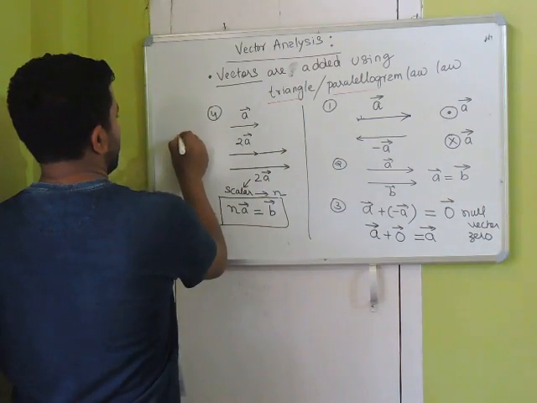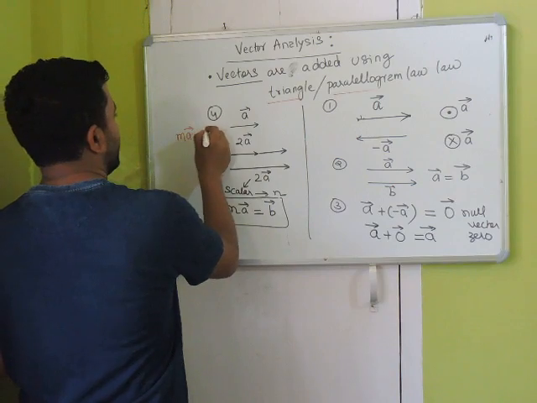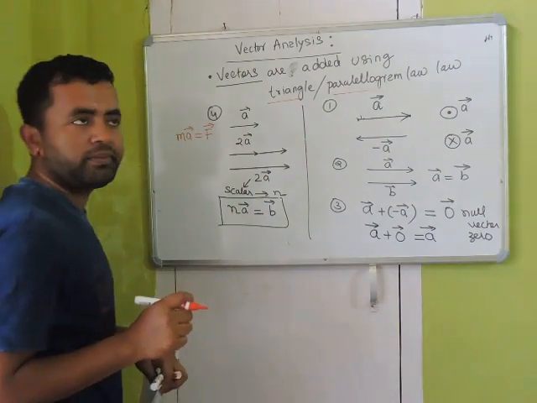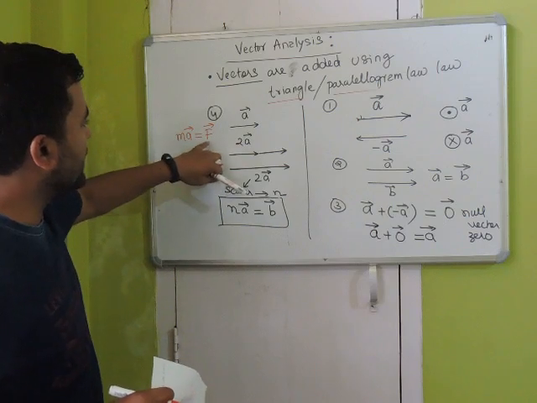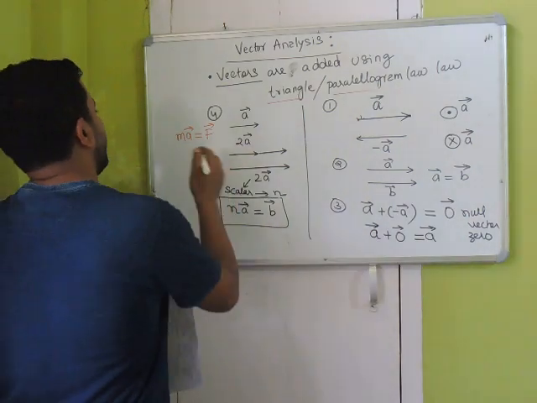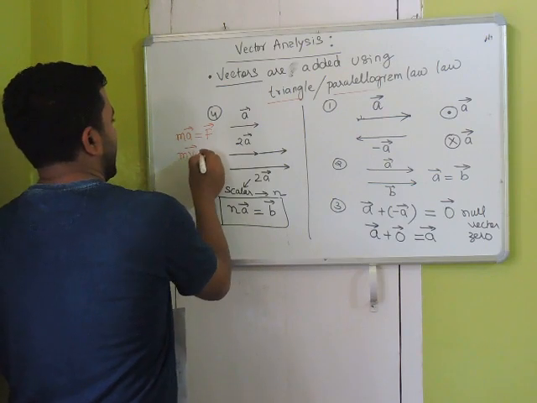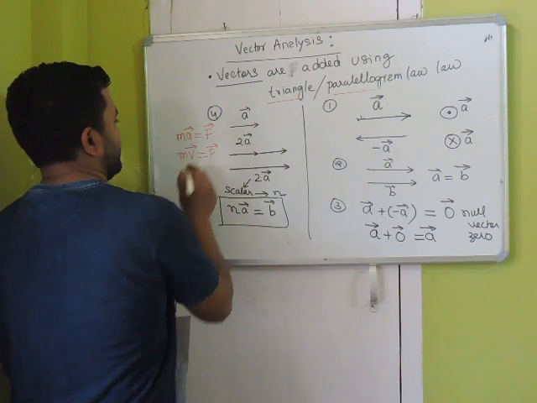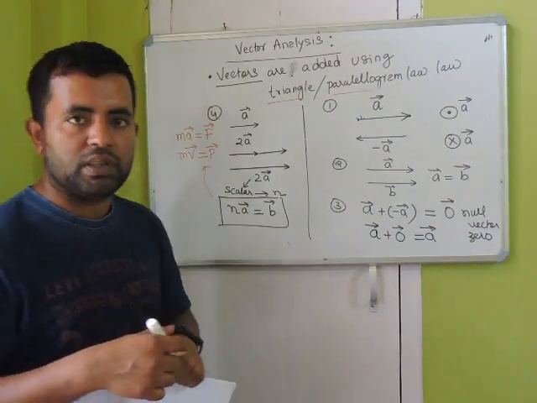Suppose I have mass scalar, I multiply with acceleration, I get a new physical quantity called force. So if I multiply a scalar with a vector, I get a new vector. Same way, if I multiply mass with velocity, I get a new quantity called momentum.